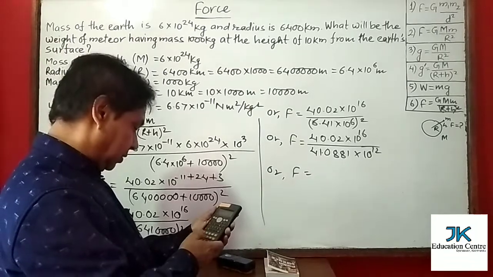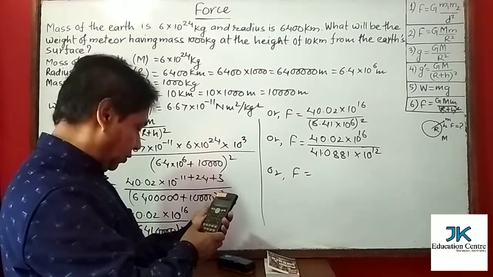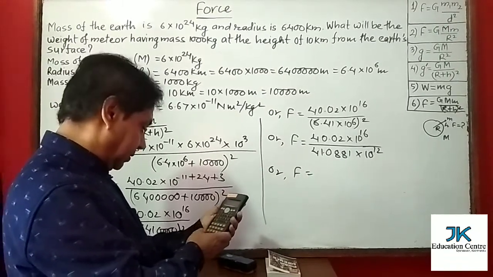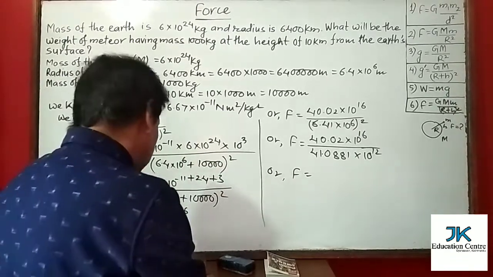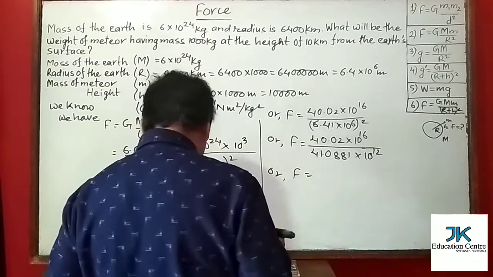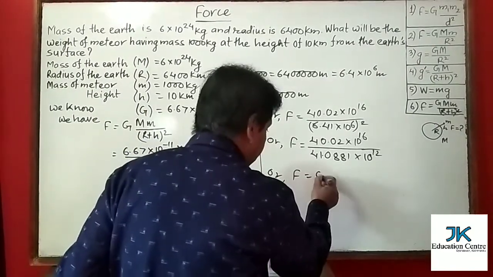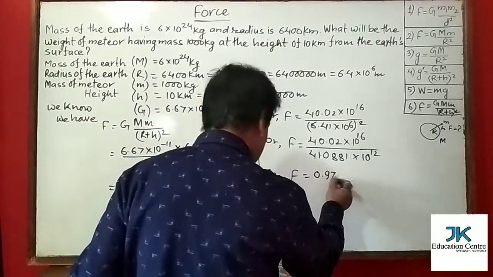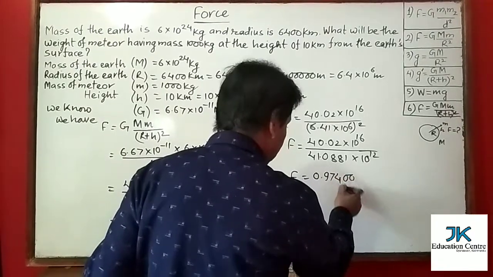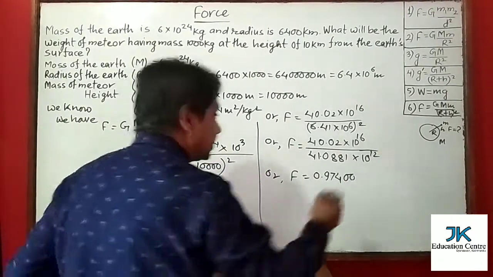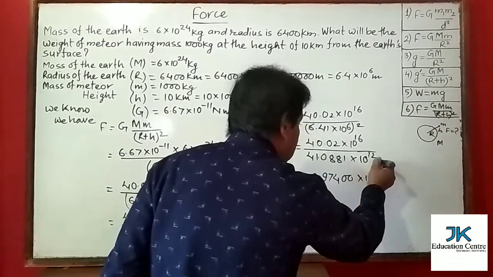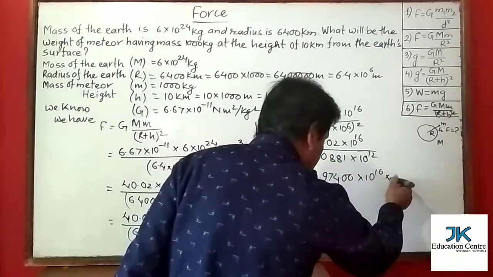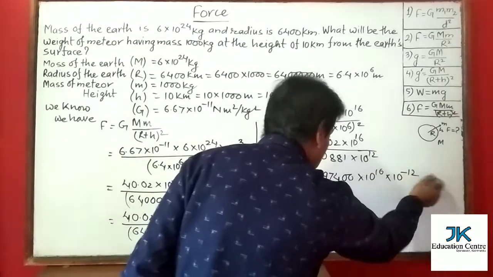Or F is equal to 40.02 divided by 41.0881, which gives 0.97400. We don't have to write a lot of numbers. Into 10 to the power 16, and if this 10 to the power 12 is taken to the numerator, then it is 10 to the power minus 12.